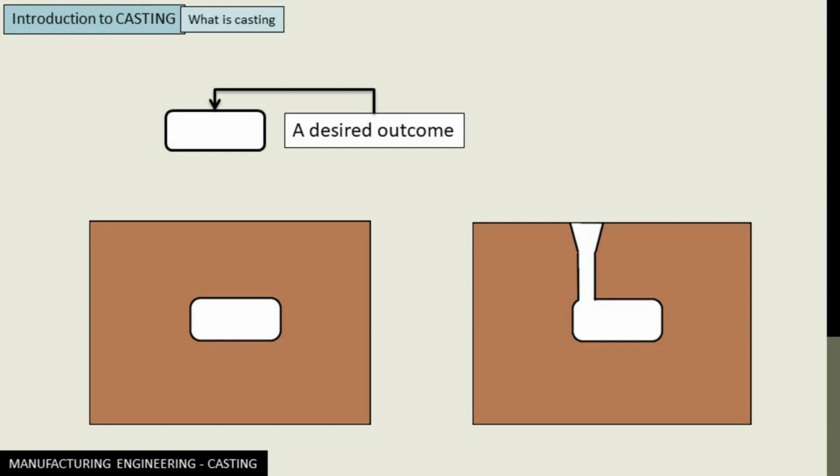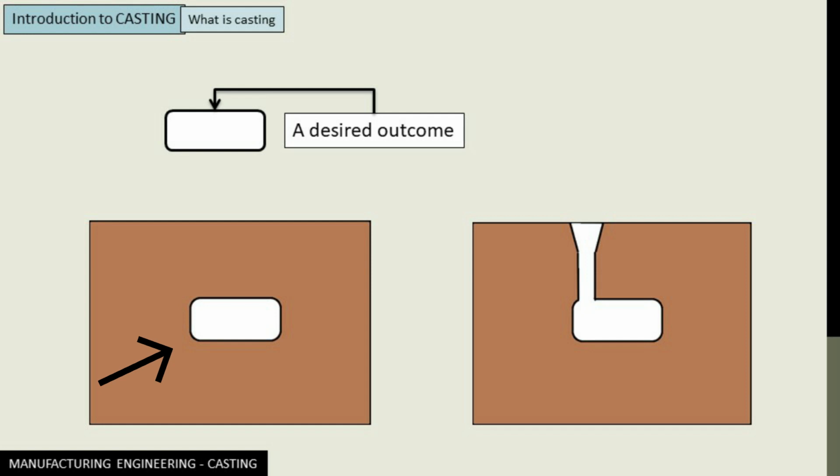Now let's understand what is happening in this process. Let's take an example. Let's say this is the desired outcome. This is what we want our casting component to be. So for that, an almost similar cavity has to be made, because a replica is not the same thing.